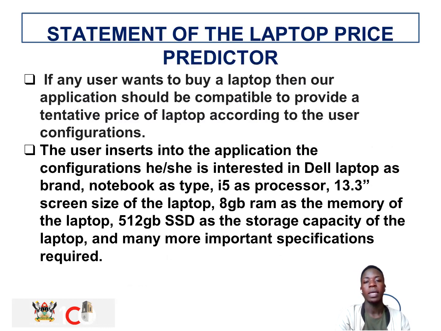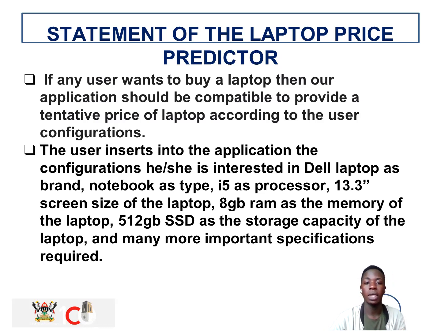As I continue, we have the statement of this laptop price predictor, and it says that if any user wants to buy a laptop, then our application should be able to provide a tentative price of the laptop according to the user configurations. The user inserts into the application the configurations he or she needs, like a Dell laptop as the brand and the notebook type. You have notebooks, workstations, gaming, ultrabooks.